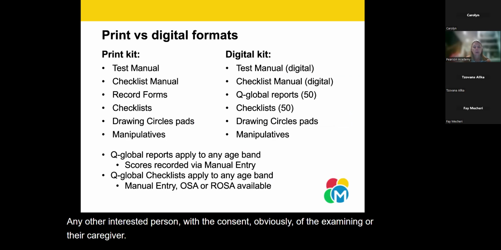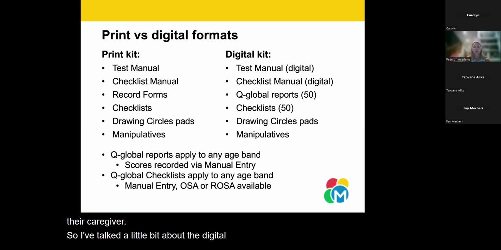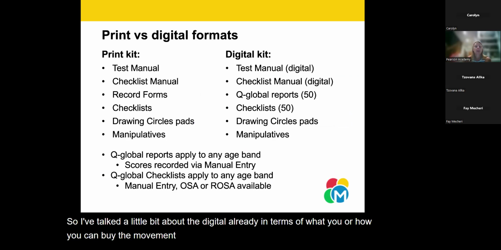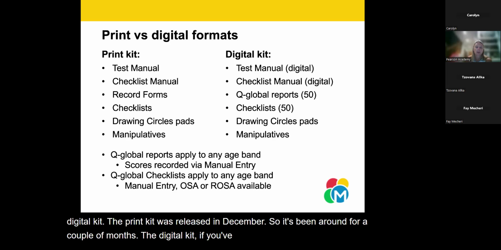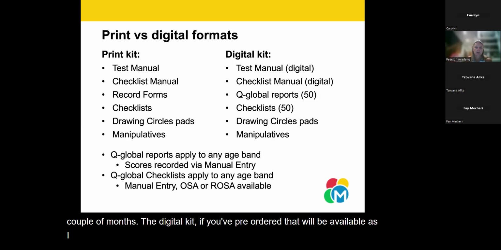So I've talked a little bit about the digital already. In terms of how you can buy the Movement ABC-3, it's available in both a print kit and a digital kit. The print kit was released in December, so it's been around for a couple of months. The digital kit, if you've pre-ordered that, will be available, as I said, on the 14th of March, so not long to wait now.